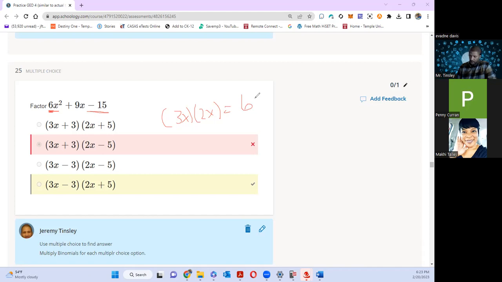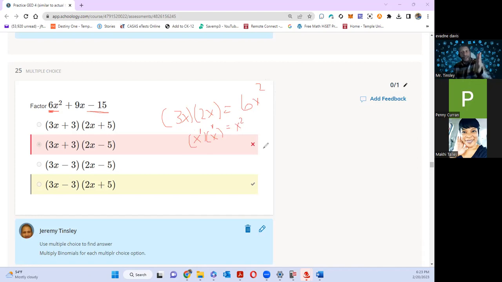Oh, I'm sorry, 6 to the second power. Because why? x times x, remember, you have a 1. Exponents with the same base, you add the exponents. 1 plus 1 is 2.